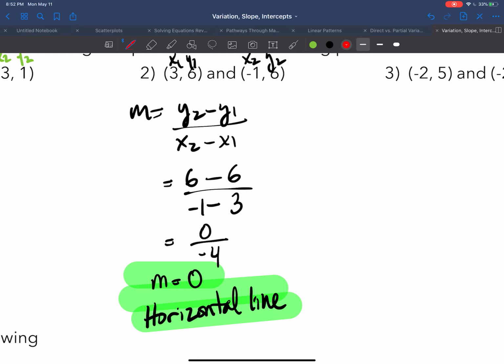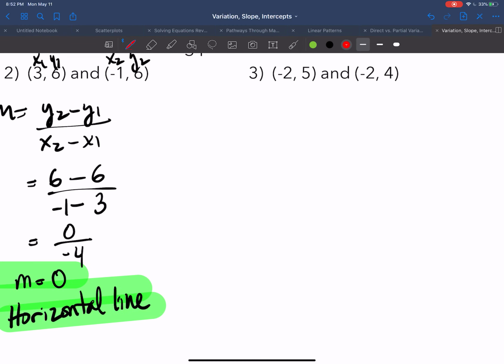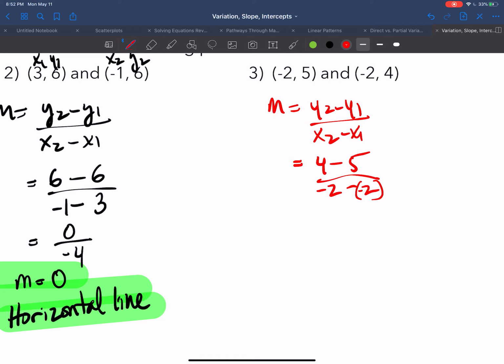Similarly, if we look at the next one, you'll notice something. Maybe, maybe not. And again, I just write it out every time just so I make sure that I get it right and I memorize it properly. So y2 is 4, y1 would be 5, and -2 minus -2 is the same as adding 2, so we get 0.